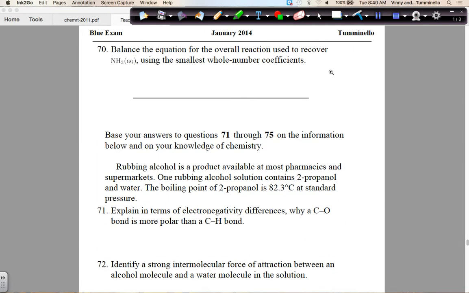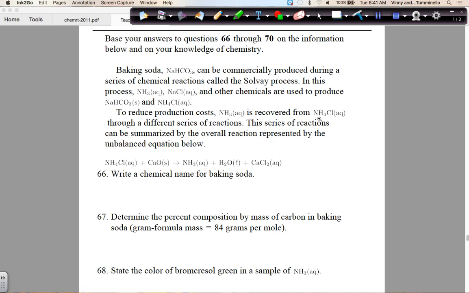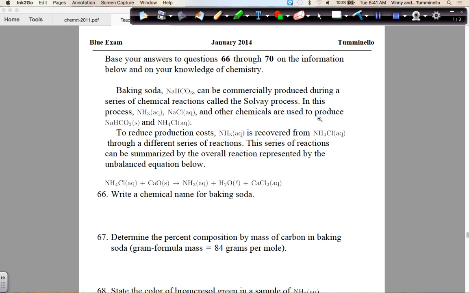For number 70, it says balance the equation for the overall reaction to recover ammonia using the smallest whole number coefficients, and that reaction is here on my page above number 66. So I'm just going to flip back there, and we want to look. We have one N on each side.